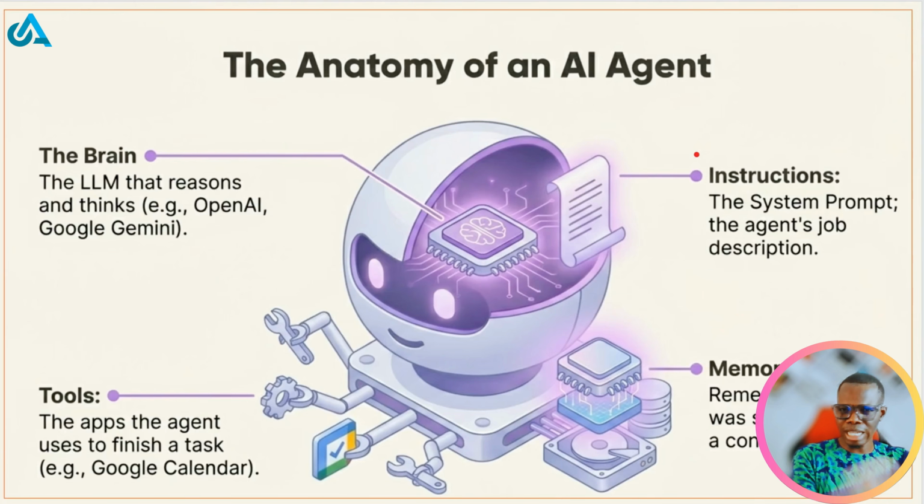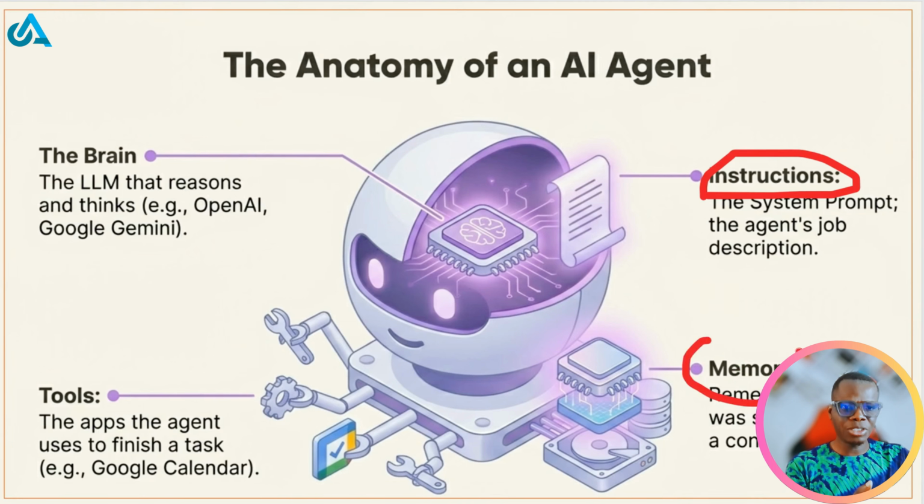Let's further explain it. For an AI agent, I said it has a brain. So what's inside that brain? That's the brain of an AI agent. So you have the instruction, which is like the system prompt that guides it on how to do the job. The memory is there, it's keeping track of your knowledge base while it's using it to figure out what will happen.